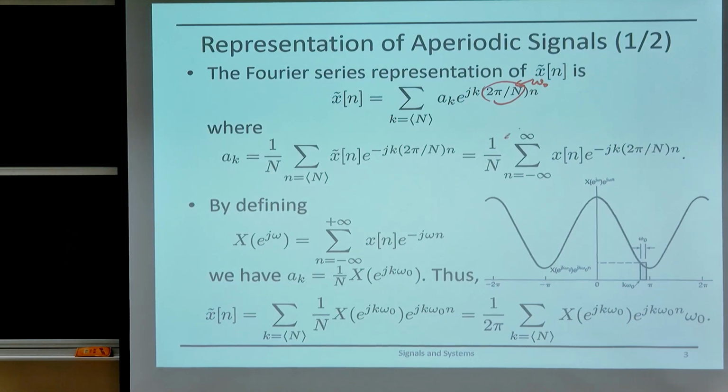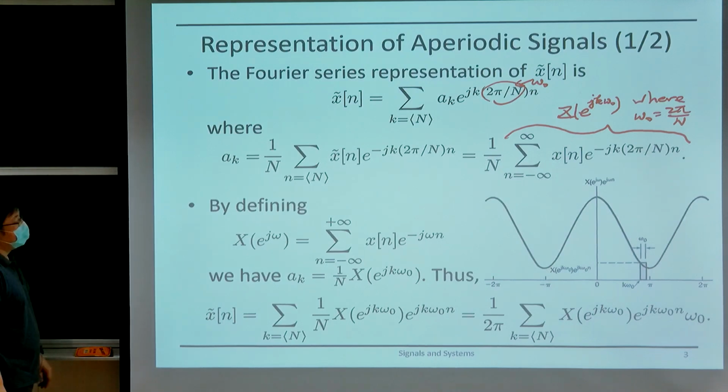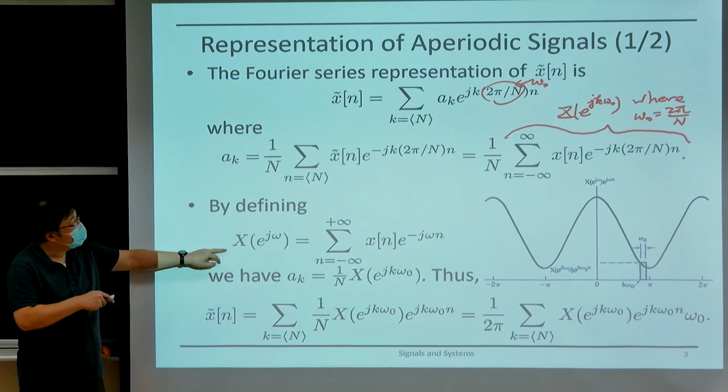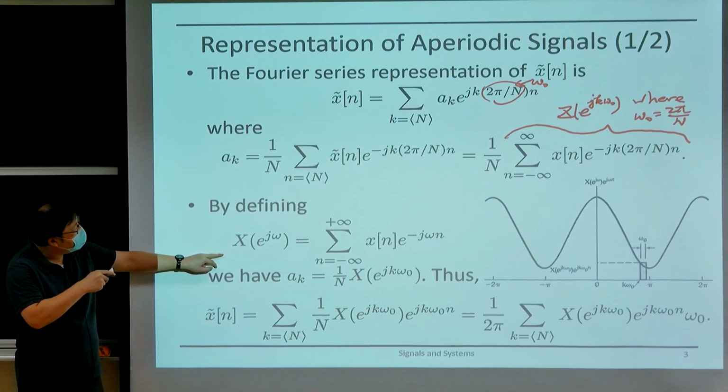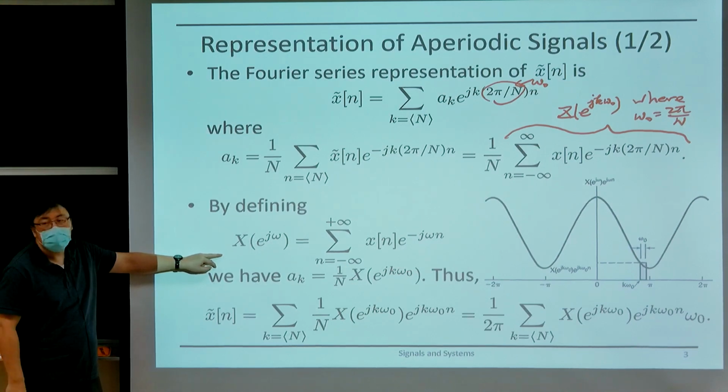So this term here is actually X of e to the j k omega naught, where omega naught is 2 pi over capital N. Okay? So if you do replace the summation with this capital X, then a_k is just 1 over N times this capital X at k omega naught. Okay.